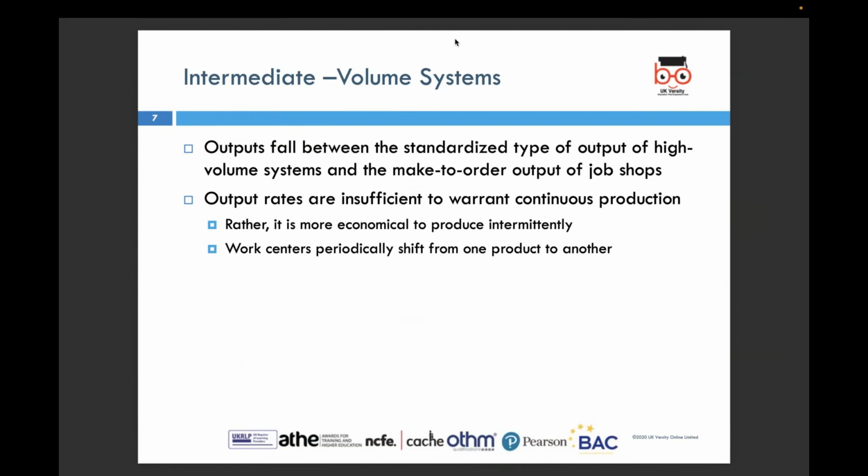Unlike high volume systems that operate continuously, intermediate volume systems have output rates that are insufficient to justify continuous production. Instead, it is more cost effective to produce intermittently. This means that the production runs are periodically scheduled based on demand fluctuations and market needs.